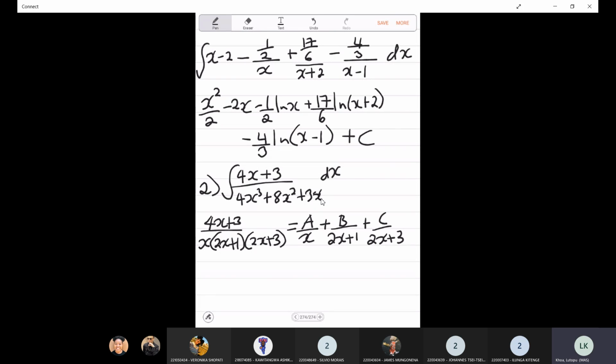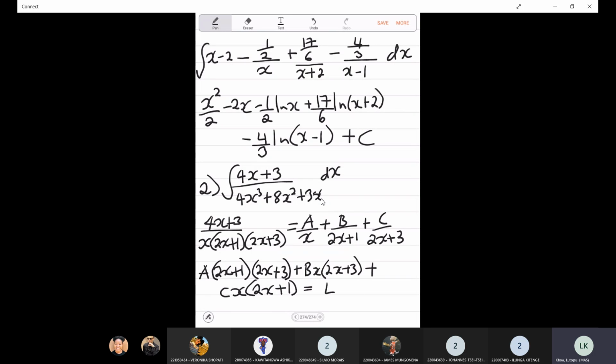our numerator will be a, 2x plus 1, 2x plus 3, plus b times x, and this is 2x plus 3, and c times x and 2x plus 1.